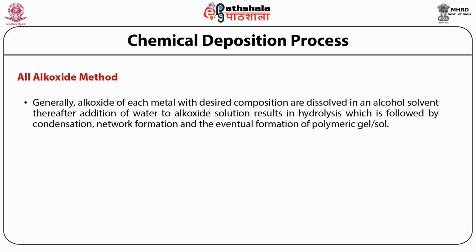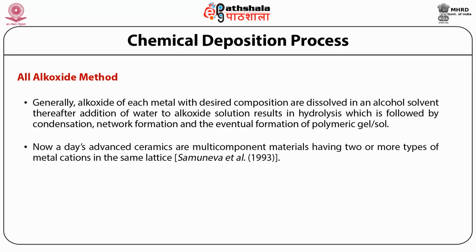Generally, alkoxides of each metal with desired composition are dissolved in an alcohol solvent. Thereafter, addition of water to the alkoxide solution results in hydrolysis, which is followed by condensation, network formation, and the eventual formation of a polymeric gel or sol.